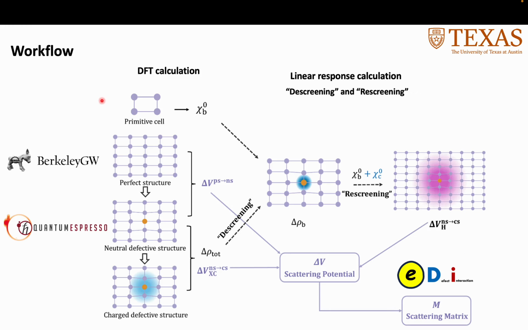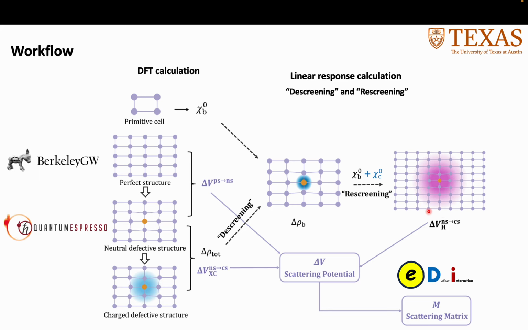So the whole workflow can be divided into two parts. The first part is the DFT calculation. We use Quantum Espresso and BerkeleyGW to calculate multiple supercells and primitive cells to get the response function. And we do the linear response calculation to process the descreening and rescreening from the rho total to the rho bare and then to the V Hartree.